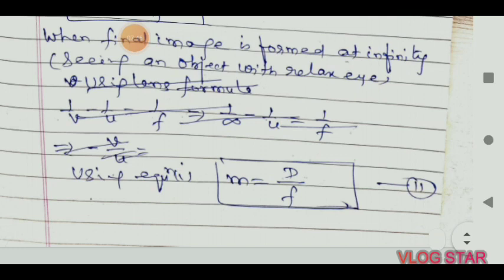So when the object is near the focal length and we want to form its image at infinity, then in that case magnification will be equal to d by f. In that case, when you put the value of f, that is 5 centimeters, magnification will be 5 times. Okay. In the next video we will see about the compound microscope.